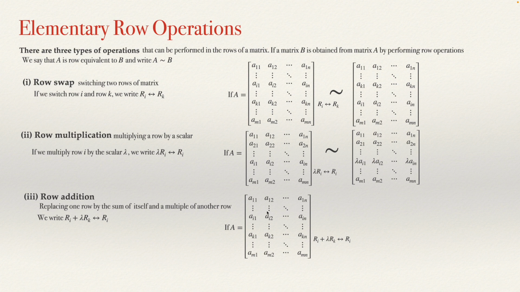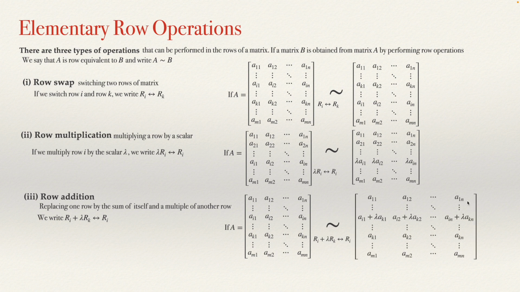It means that this row, the row I, will be replaced: instead of this, the same row plus lambda times the row K will appear. So the answer will be a matrix that has the same rows, except that the row I will be substituted by the same row I plus lambda times the elements in row K.